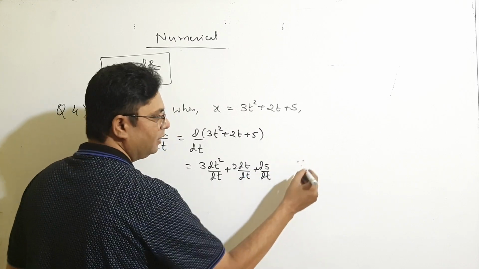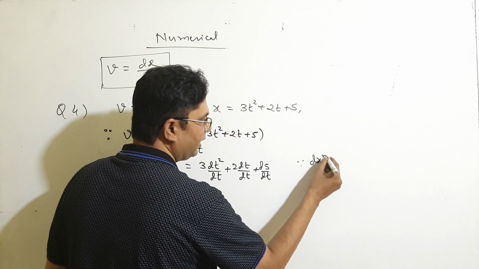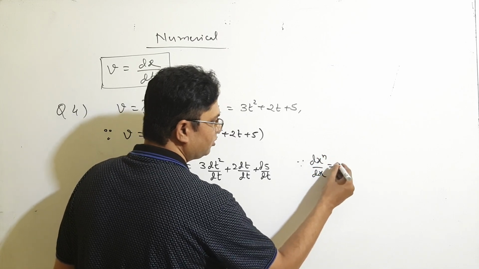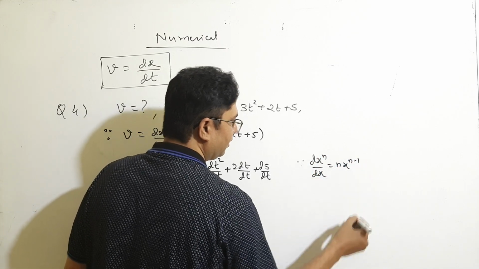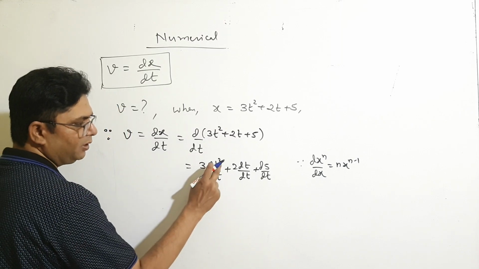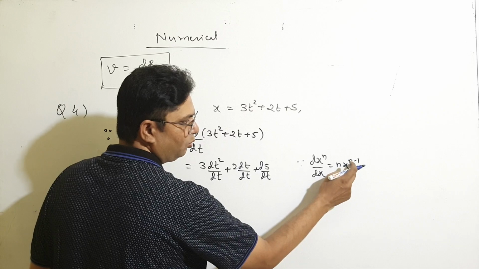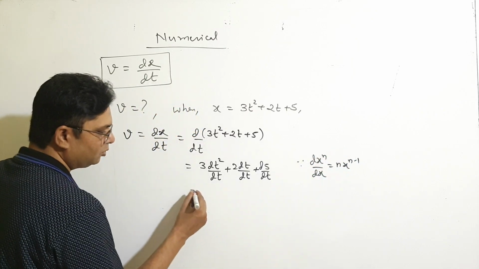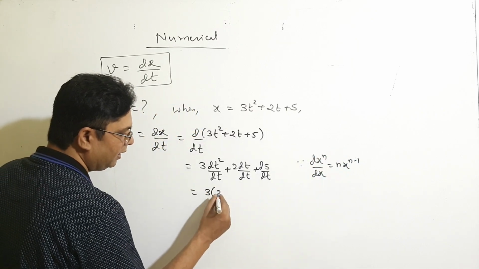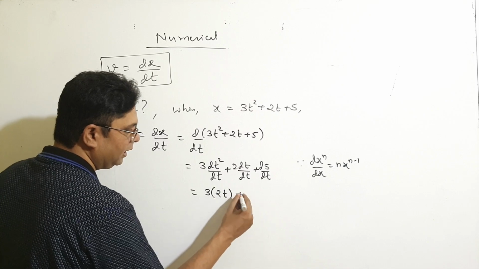Now you know that d of x power n upon dx is equal to n x power n minus 1. So here the power is 2, so you have 2 here and 2 minus 1 is 1 here. So you have 3 under bracket 2t.